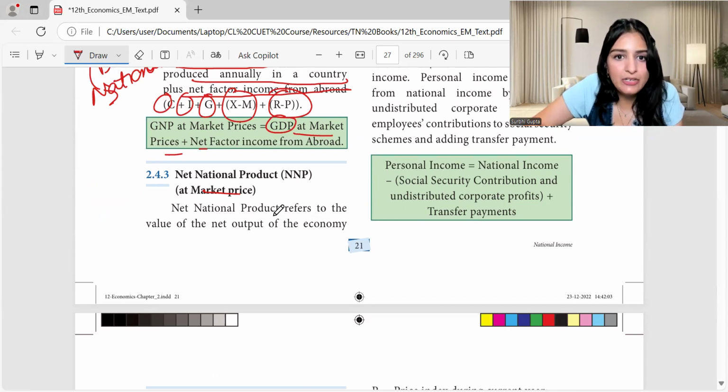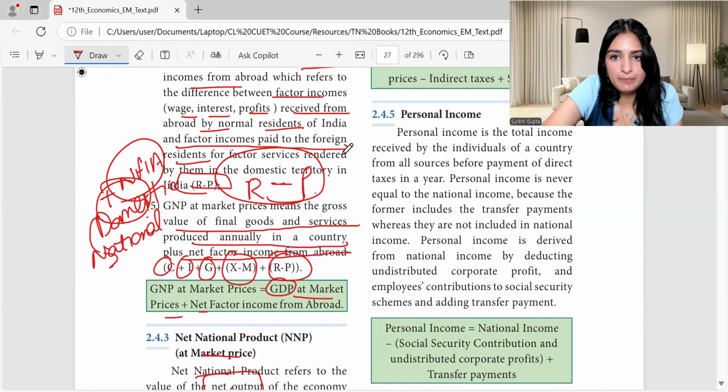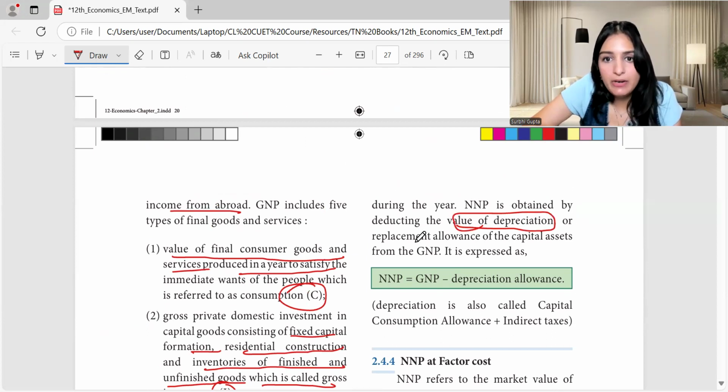So net national product refers to the value of net output. Net means excluding capital equipment wear and tear, that is, excluding depreciation. If depreciation were included, it would have been gross output of the economy during the year. NNP is obtained by deducting the value of depreciation, as I already mentioned, or replacement allowance of capital assets.